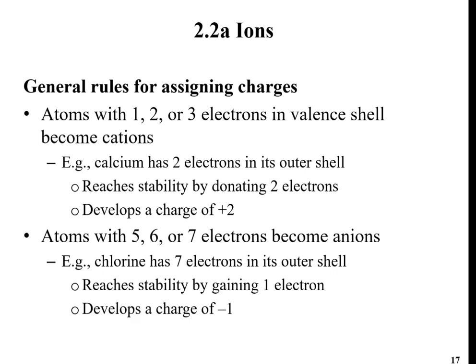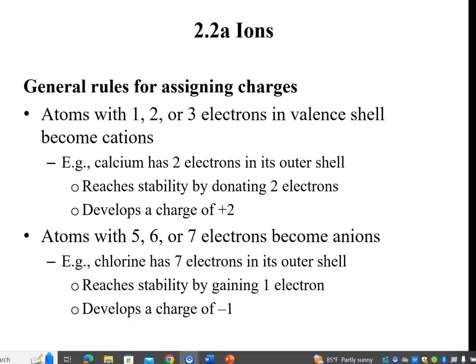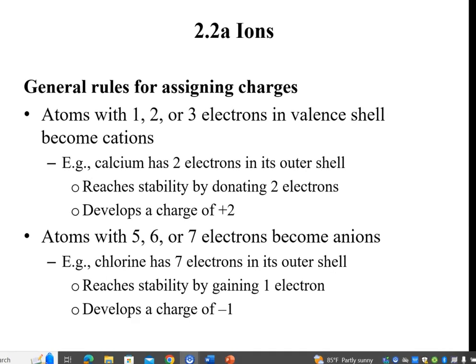Okay, ions in general. Atoms with 1, 2, or 3 electrons in the valence or the outermost shell become cations. For example, calcium has 2 electrons in its outer shell. So let me see if I can draw this for you. Calcium has, here's the nucleus.